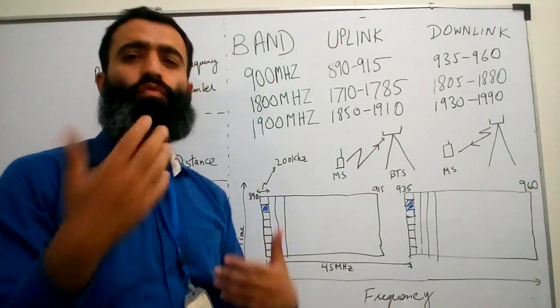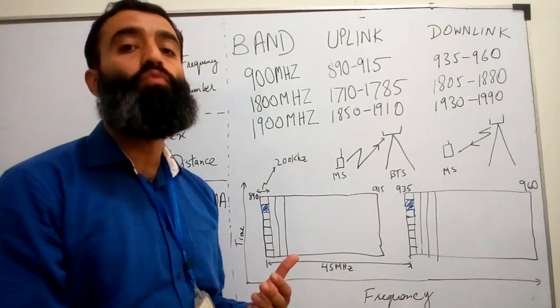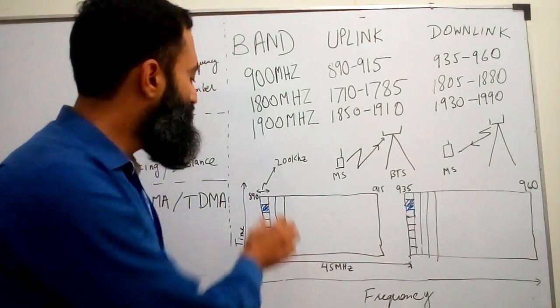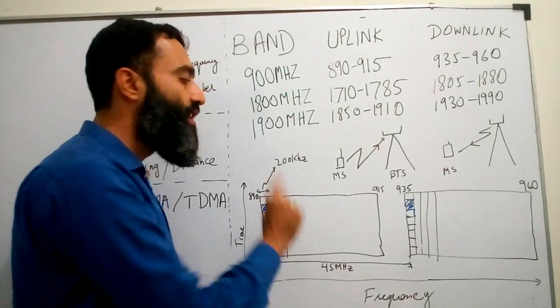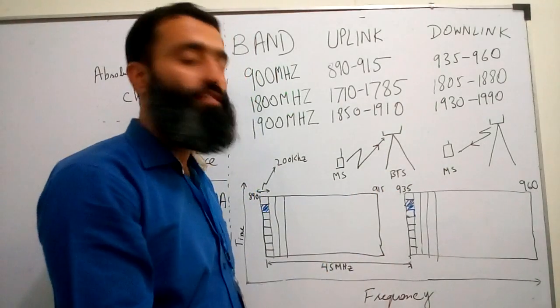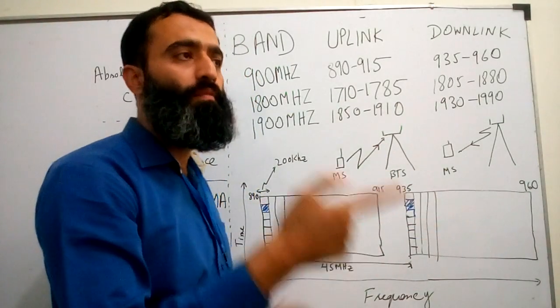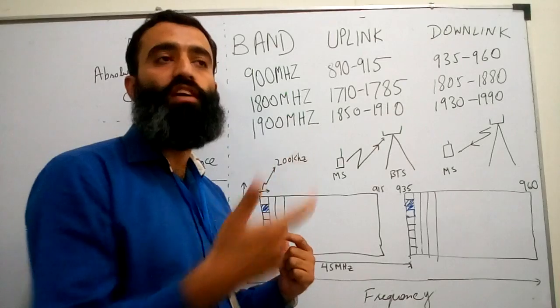Now, how are these frequencies assigned to the mobiles? If you are assigning the first uplink 200 kHz channel to a mobile, you will only assign the first downlink 200 kHz channel to it along with the uplink 200 kHz channel.